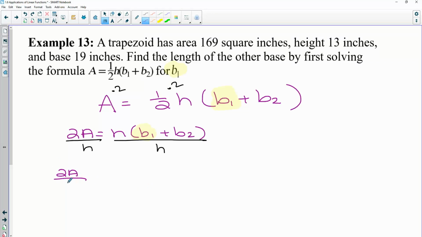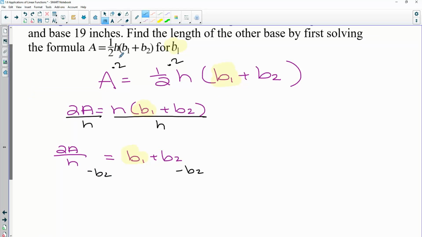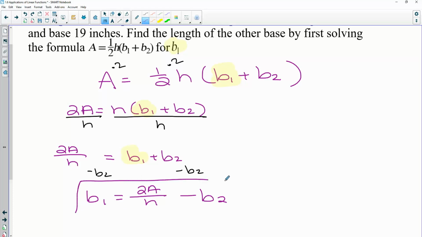So I have 2a divided by h equals b sub 1 plus b sub 2. Then how do we get b sub 1 by itself? So b sub 1 is equal to 2a divided by h minus b sub 2.